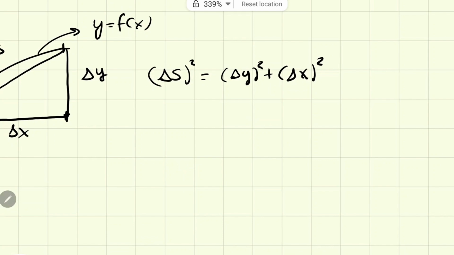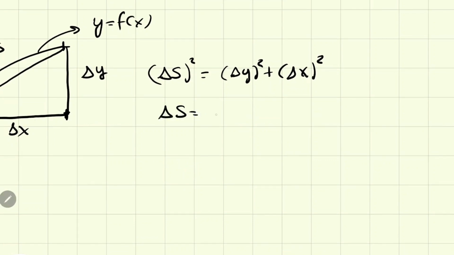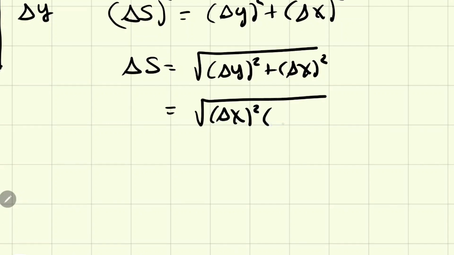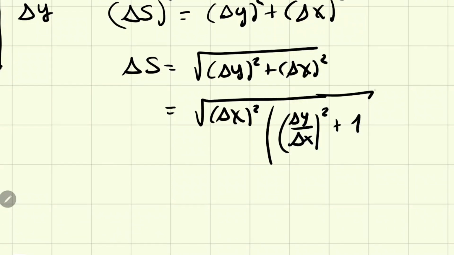So we can see from here that delta s is equal to the square root of delta y squared plus delta x squared. Then we can factor delta x squared out, so that we get delta x times the square root of (delta y over delta x) squared plus 1.